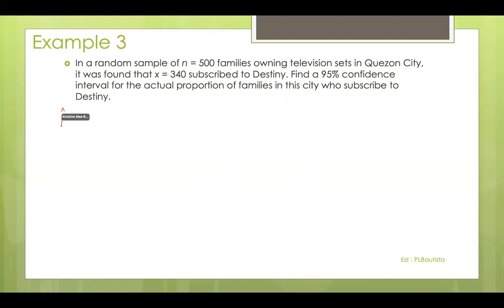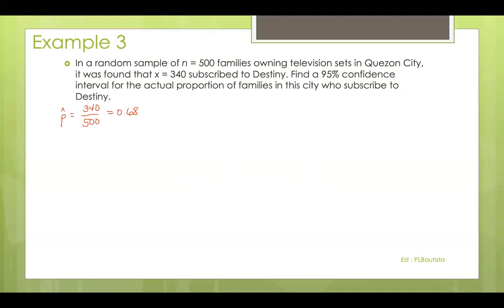So our P hat would just be 340 over 500, which is 0.68. As a best single value estimate, we can already say that 68% of families in the city subscribe to Destiny. But we want to set up a confidence interval.